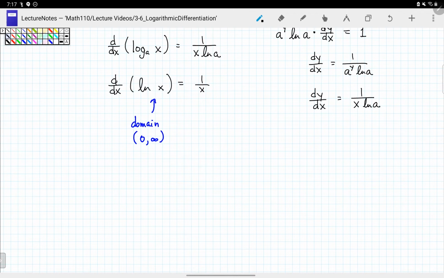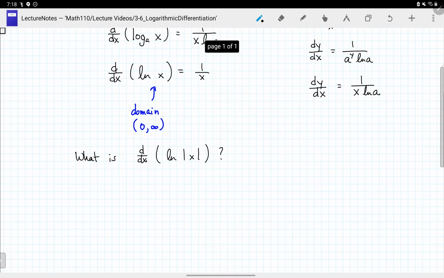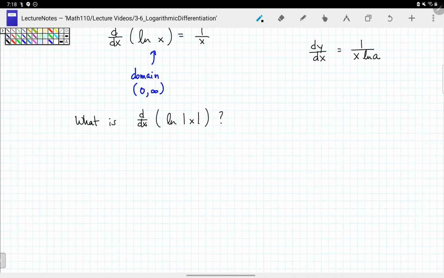So what if I wanted to put a negative real number in there? Well, the most naive thing that we could try is just take the absolute value of x and then take the natural log of it. So there's this question of, what is the derivative of the natural log of the absolute value of x? So let's ask that question.